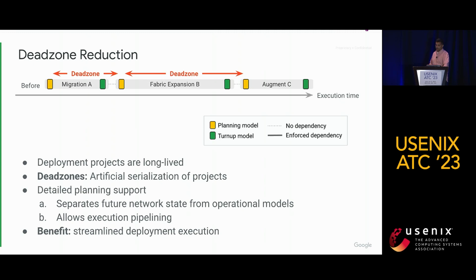Prior to the improvements discussed in this paper, these projects were effectively serialized, meaning that no part of Project B may begin until Project A is fully completed and that capacity is turned up. This is in part because the model basis for the design of Project B depended on Project A's view being visible at head.